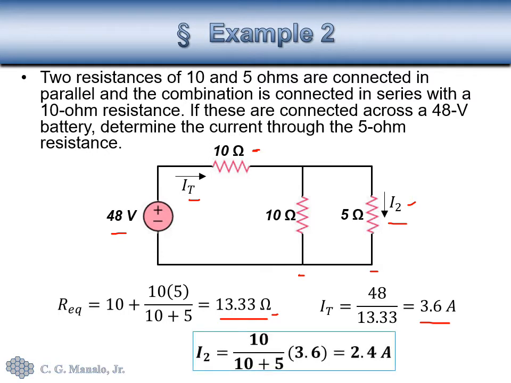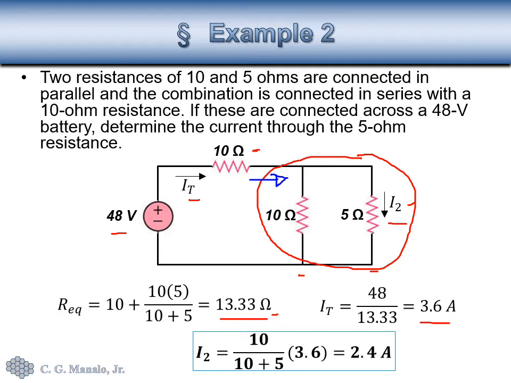And for I sub 2, take note that what we have here is two resistors in parallel, and that current is flowing through the parallel combination, which is also I sub t.